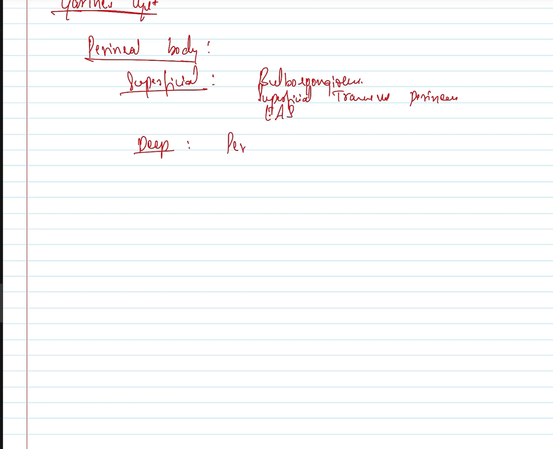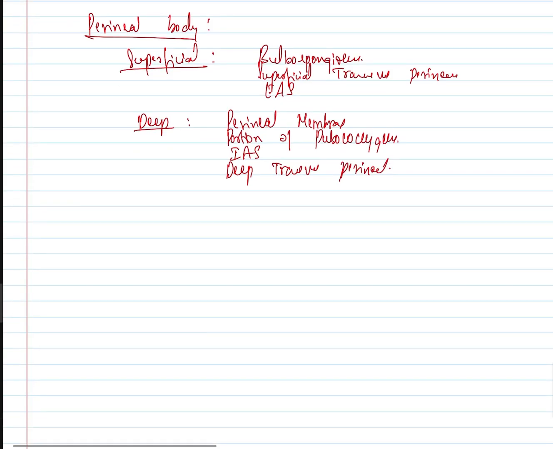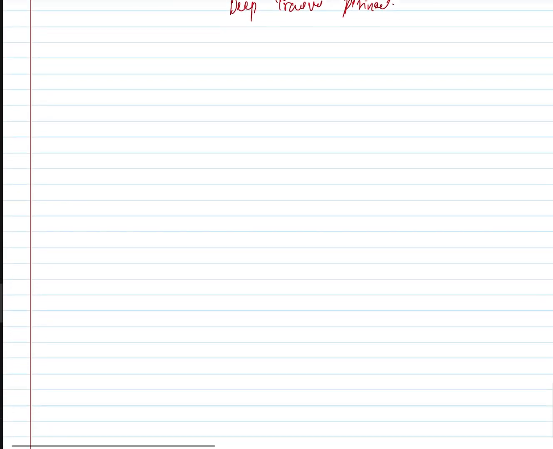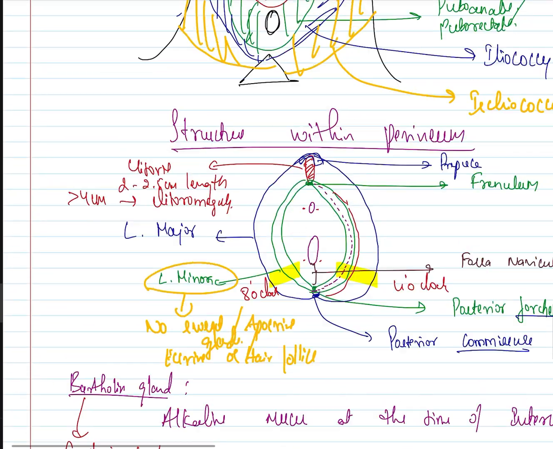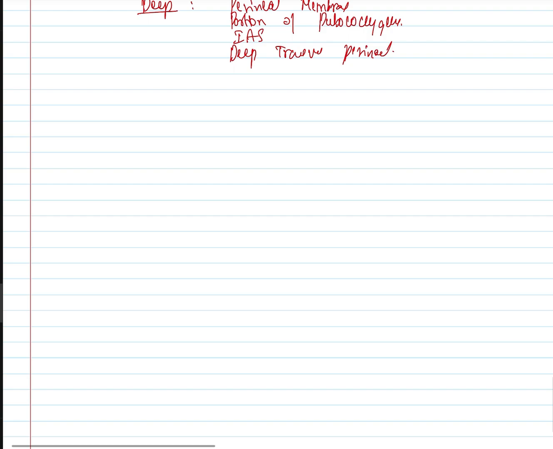Deep are your perineal membrane and a portion of pubococcygeus, internal anal sphincter, and deep transverse perineal muscles. Okay, so this was about the perineal body.